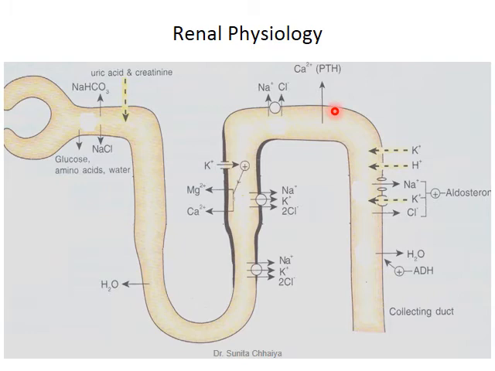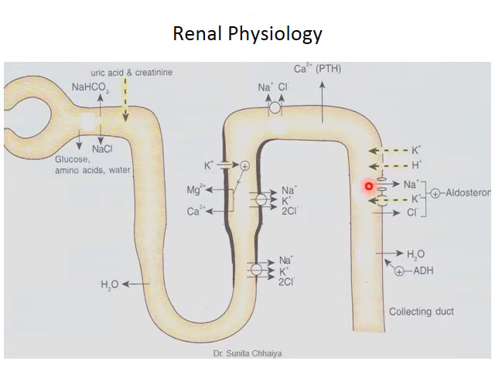Then at the distal convoluted tubule, sodium and chloride ions are reabsorbed by using the sodium chloride co-transport pump. As well, calcium ion is also reabsorbed from the distal convoluted tubule in the presence of parathyroid hormone. The last part is the collecting duct, the collecting tubule.